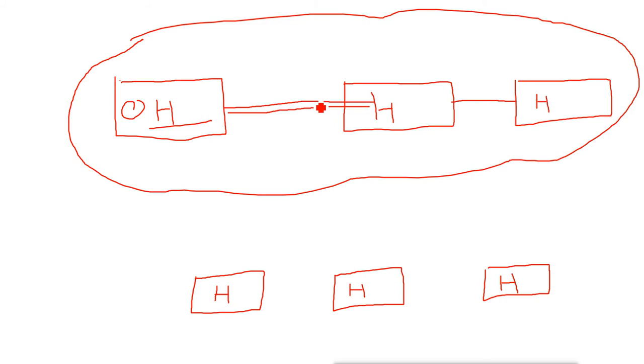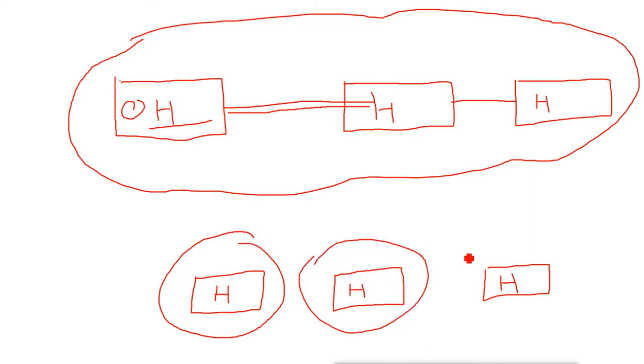So a single hub or multiple connected hubs are called a single broadcast domain. But if the 3 hubs are not connected together, they remain separate broadcast domains and separate collision domains. So this will be 3 broadcast domains and 3 collision domains. But when they are connected, they are called a single broadcast and collision domain.